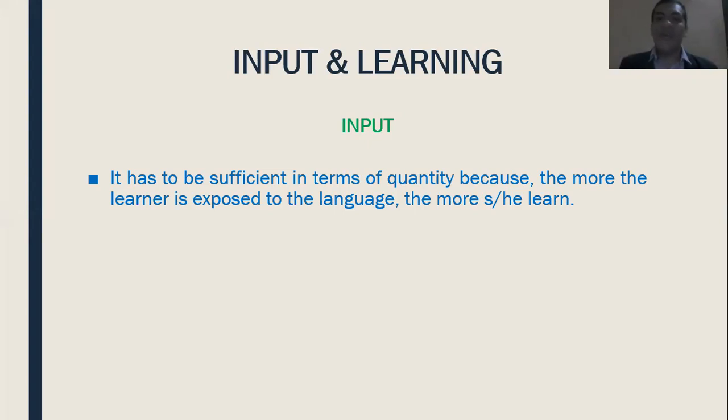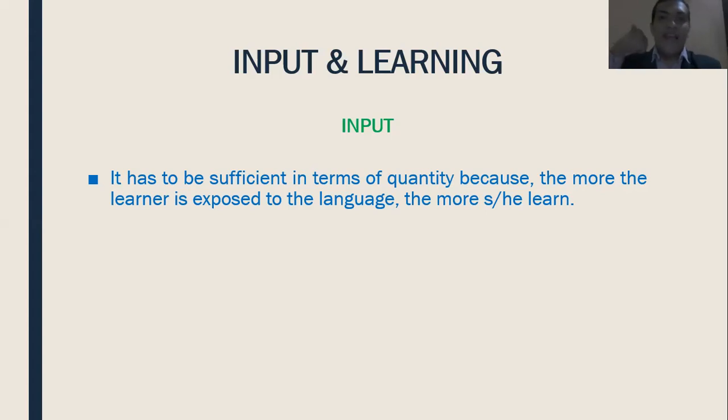Number one, it has characteristics. It has to be sufficient in terms of quantity because the more a learner is exposed to the language, the more the student learns. Okay? What does it mean? A student must know about the new language. He has to be involved in that context.